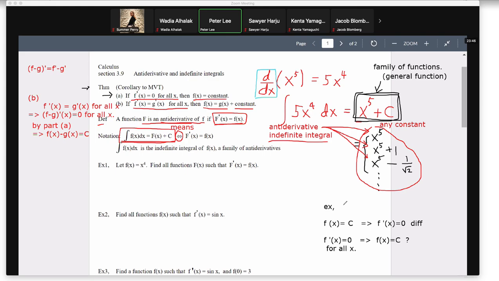So the difference between the indefinite integral and the term antiderivative is not that significant at this point, although there are some differences. Antiderivative usually refers to each function, whereas the indefinite integral refers to the entire family. But the difference in meaning is not so significant. Hence, in this class, we are just going to use the terms interchangeably.